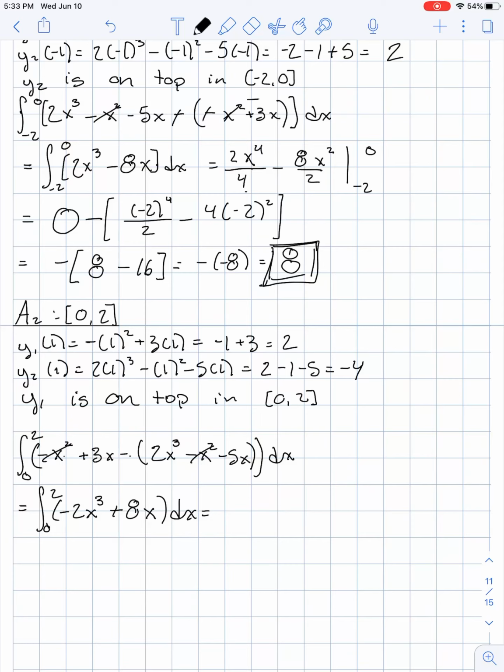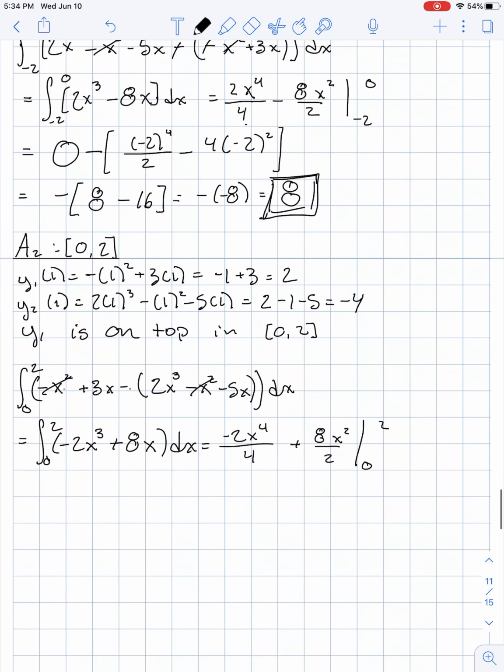All right, so we can integrate. So I'll get negative 2x to the 4th divided by 4 plus 8x squared over 2, and evaluating that from 0 to 2.